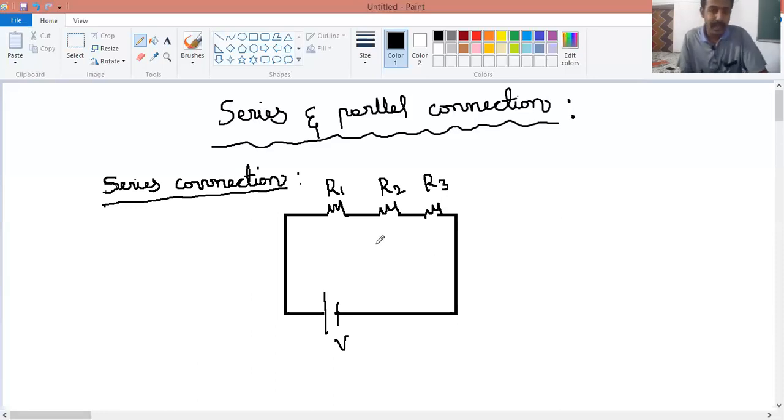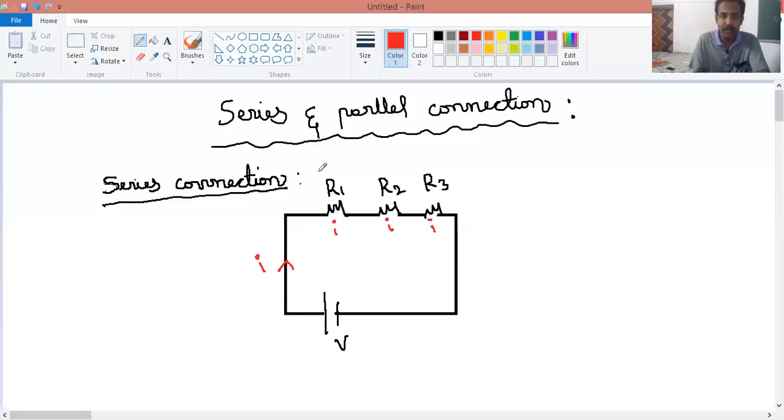If three resistors are connected in series, then the current passing through each and every resistor is going to be common. That means if I amount of current is passing from the battery, then I amount of current will pass through resistance 1, resistance 2, and resistance 3. That means these three resistors are in series connection.